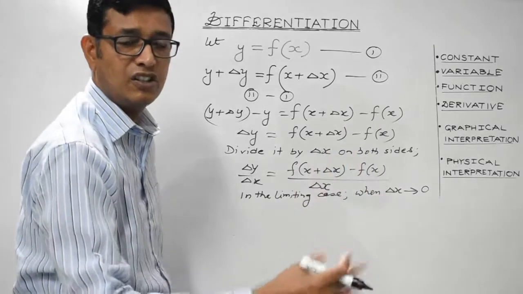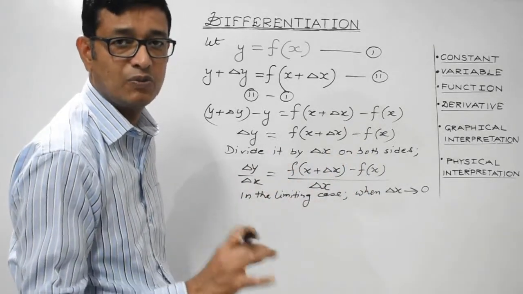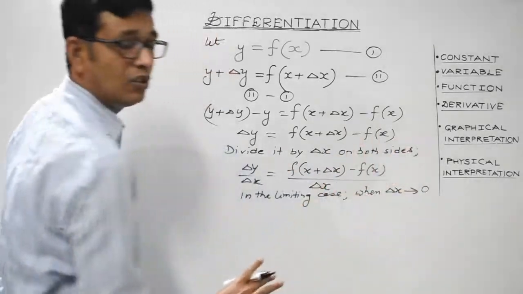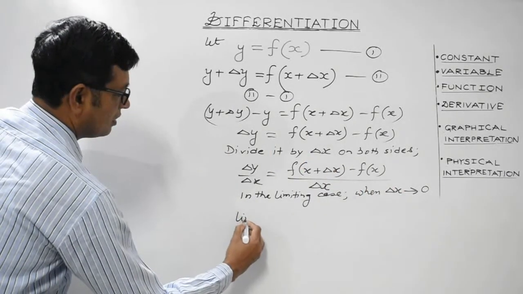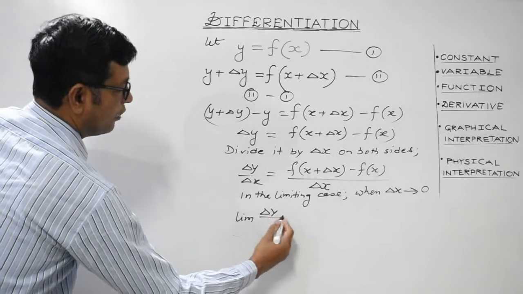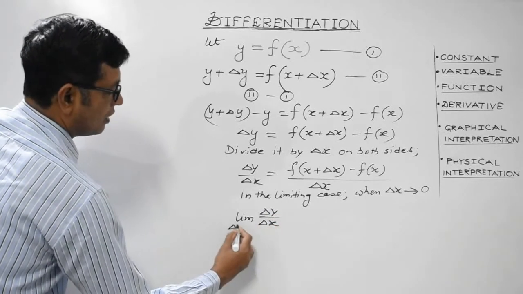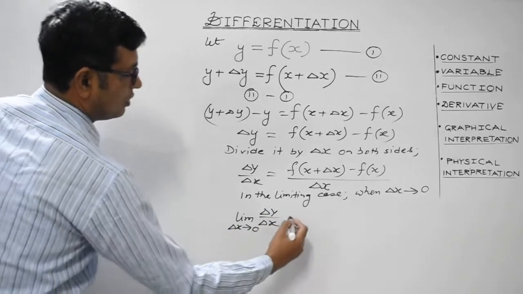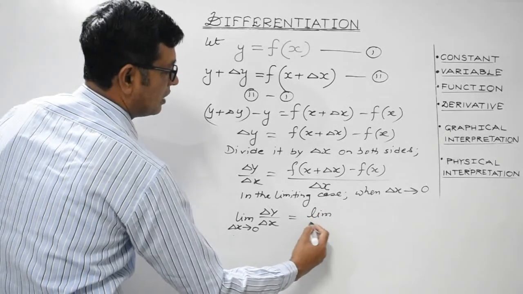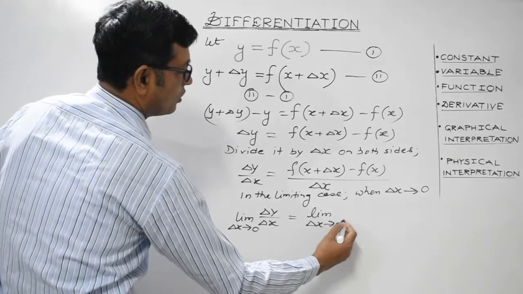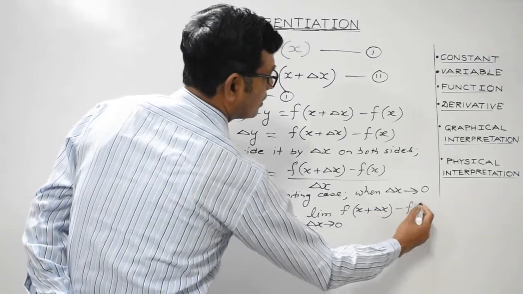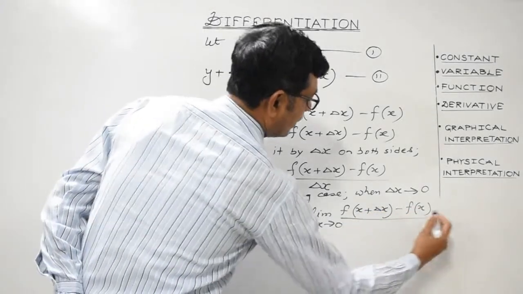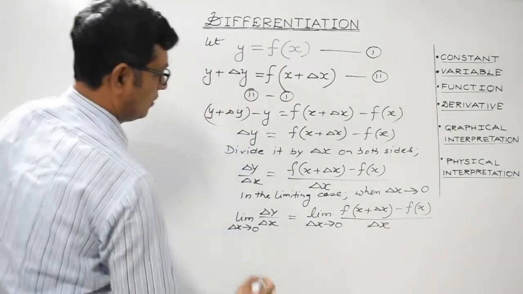It is vanishingly small, infinitesimally small. In that case, it can be written like this: limit del x approaches 0 of del y by del x is equal to limit del x approaches 0 of f of x plus del x minus f of x divided by del x, right?